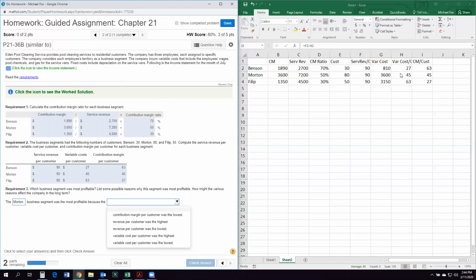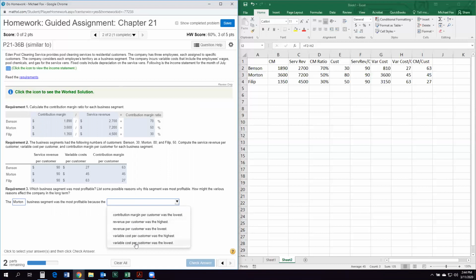I have a feeling they're going to want us to say Benson on this, even though I don't think profitable was the right thing. Because they all have the same revenue per customer, so that can't be it. Contribution margin per customer being lowest wouldn't be good.